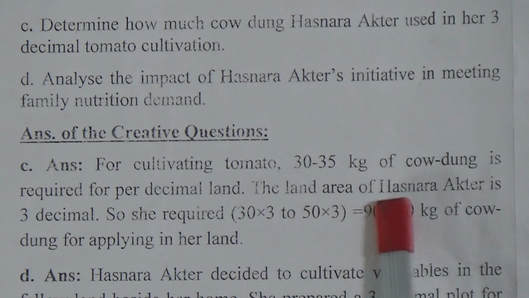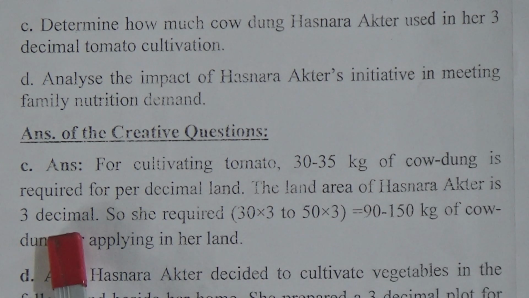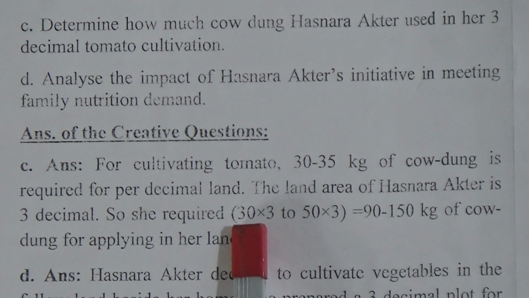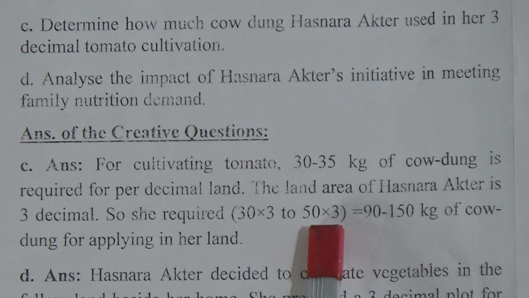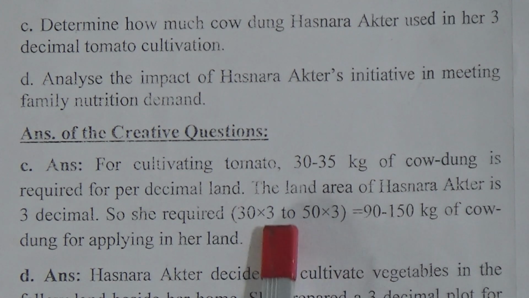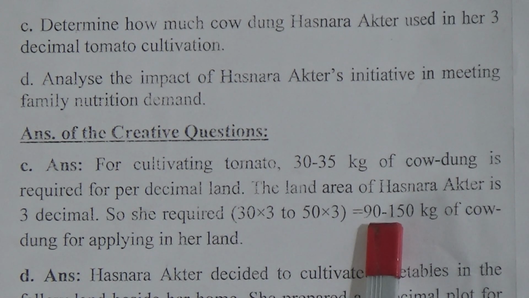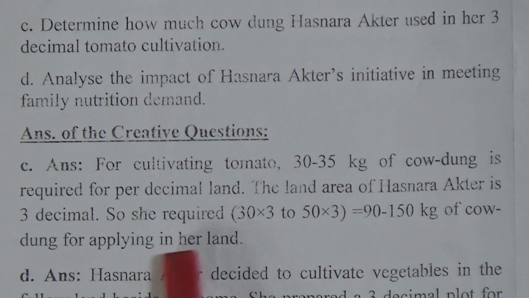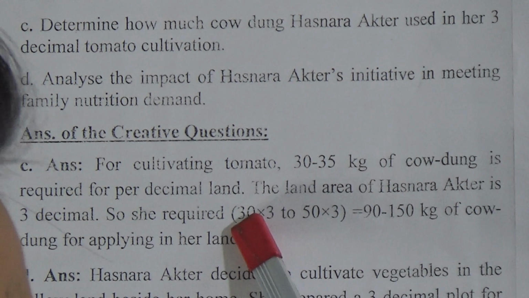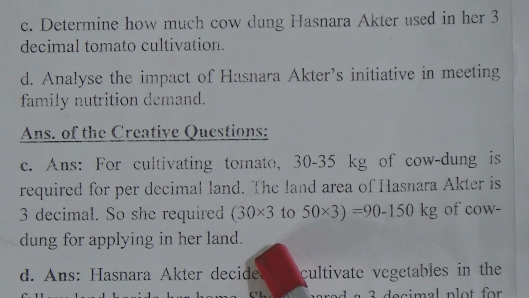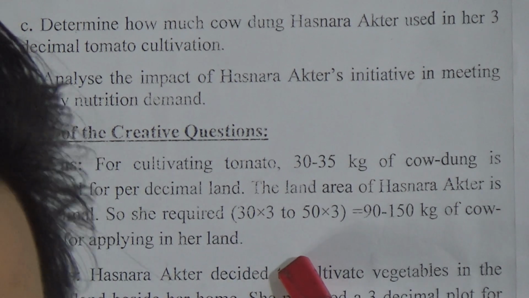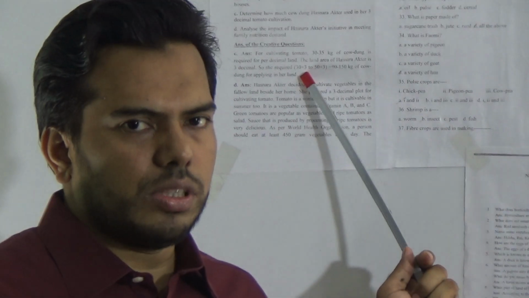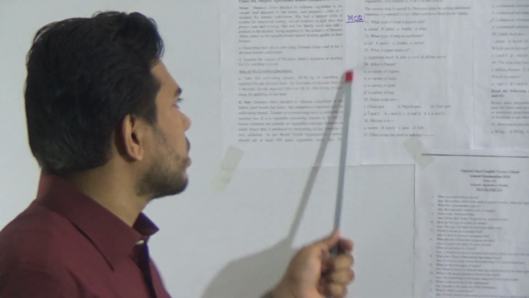The land area of Hasnara Akhtar is 3 decimal. So she required 3 into 30 to 3 into 50, I mean 90 and 150 kg of cow dung for applying in her land. It's a very short question here. It's a model, but you can extend your information. You can add some other information regarding the question.